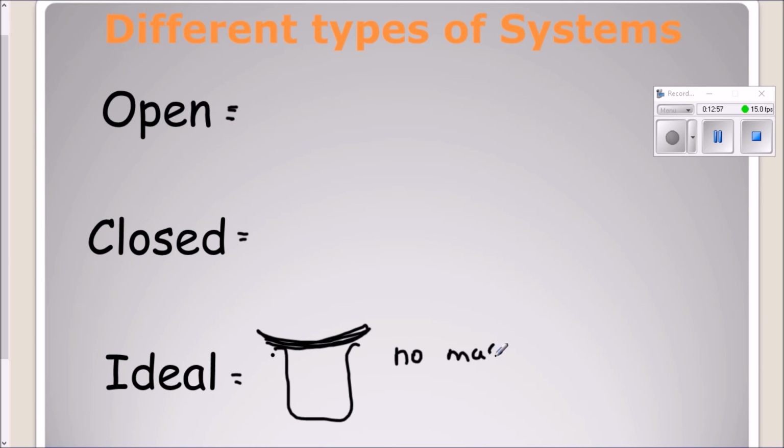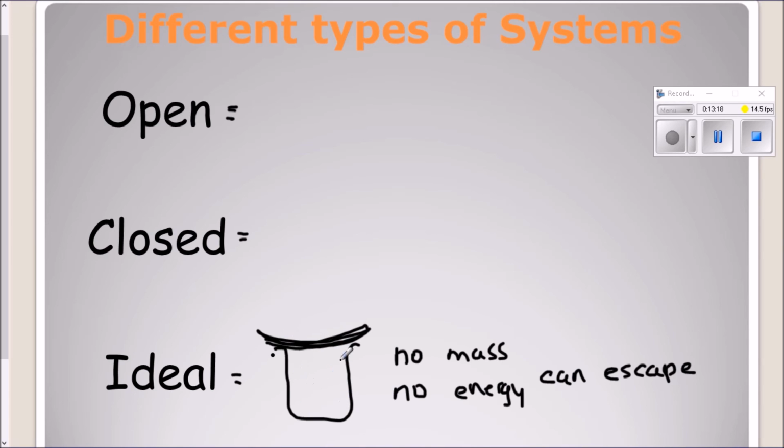And if this occurs, I have what we call an ideal system. The reason why it's ideal is that if I can measure the heat in my surroundings, I know that it came from the system.